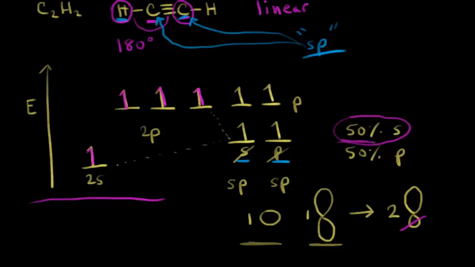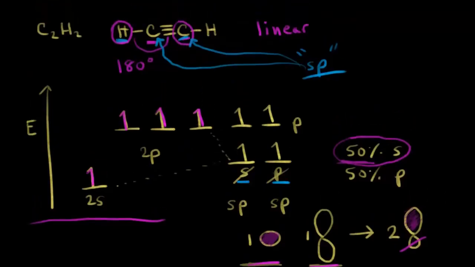And since there's increased electron density closer to the nucleus for an s orbital than for a p orbital, that means that this lobe here has increased electron density closer to the nucleus, which is one way to think about why these bonds get shorter as you increase in s character. So in general, as you increase in s character, you're going to get shorter bonds because you have smaller hybrid orbitals here.